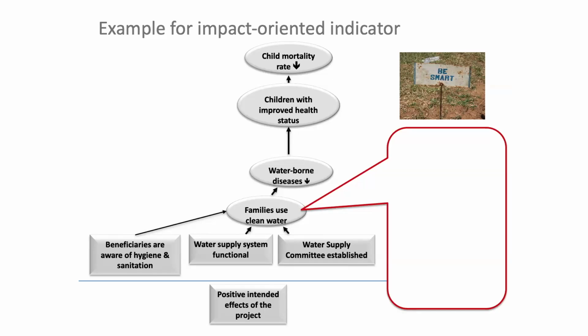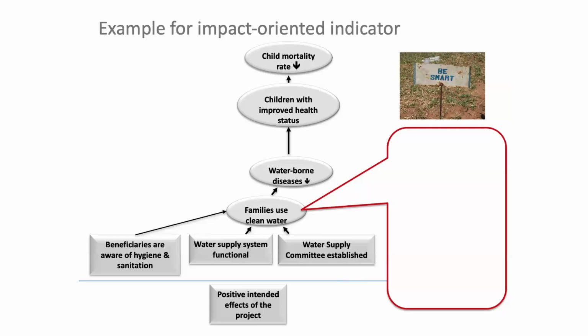And even if the log frame does not contain any indicator for this important step, the project team should decide to develop their own indicator for their own steering purpose and to decide what is really the critical change which needs to happen. And in our case, it's that families use clean water. If this is not happening, then we cannot expect that we will have some improvements in the decline of waterborne diseases because of our intervention.